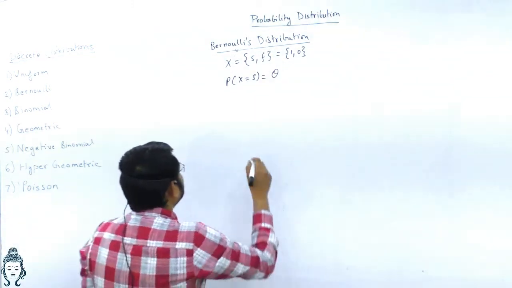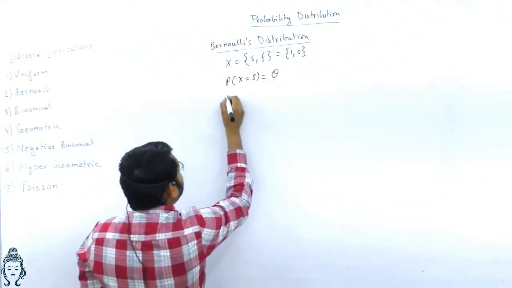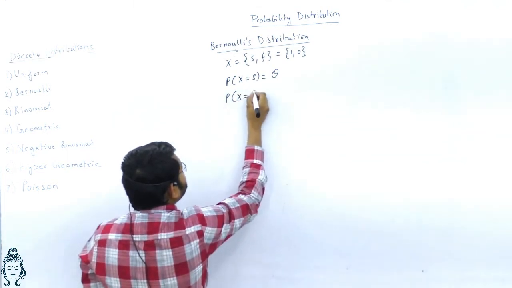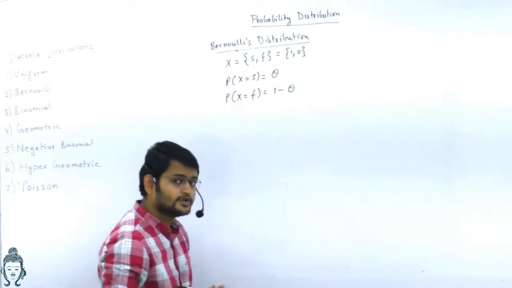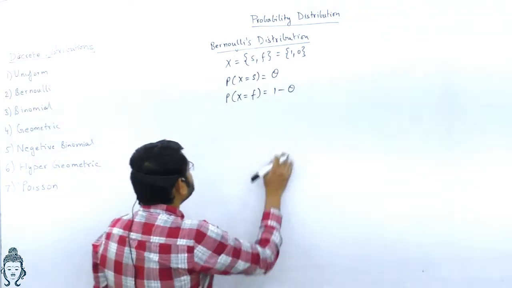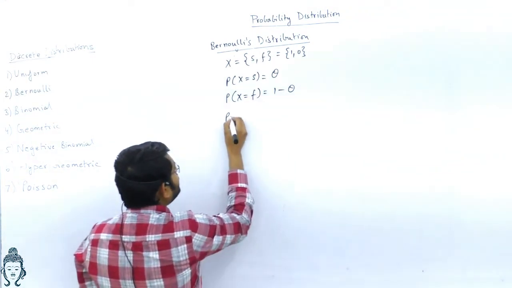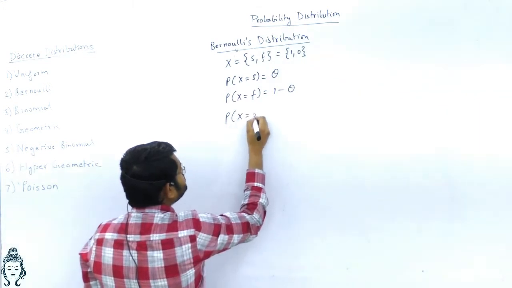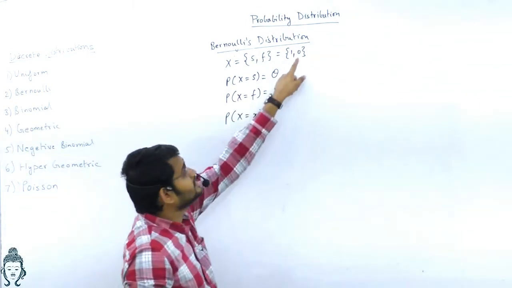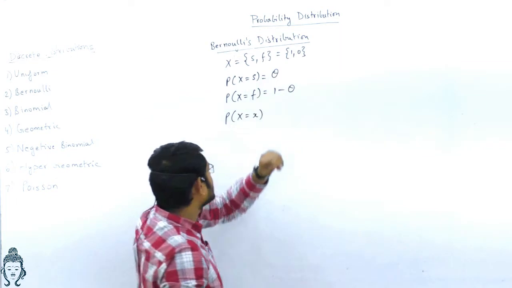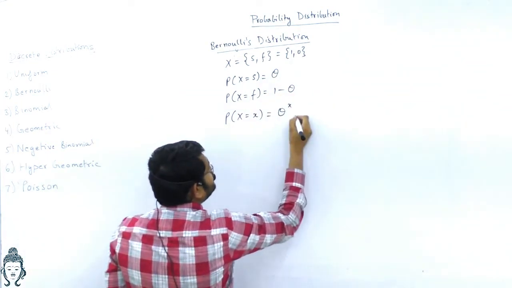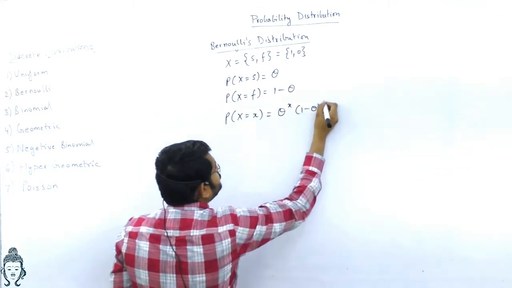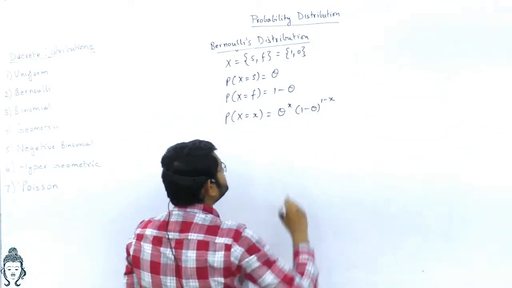Now probability of x being the failure is going to be 1 minus theta, because there are only two possibilities. So for generalizing this, I can write it as probability x is equals to x, where x can be either 0 or 1, would be nothing but theta raised to x into 1 minus theta raised to 1 minus x.